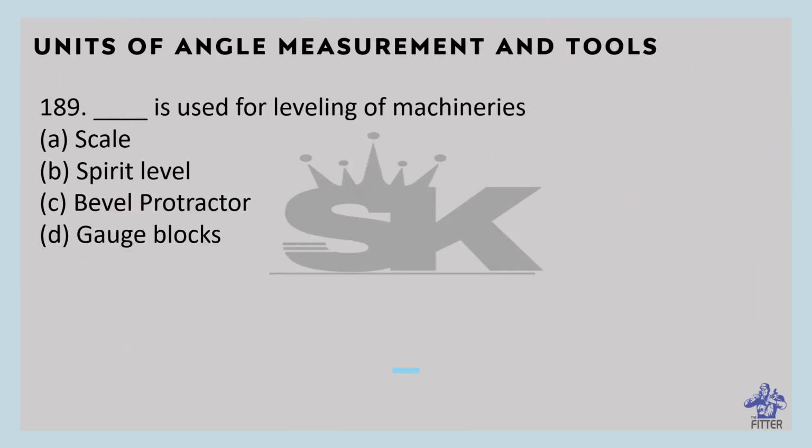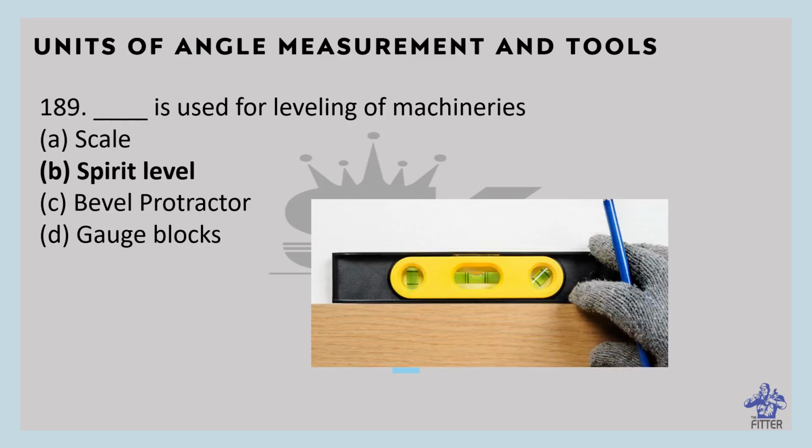Which is used for leveling of a machinery? That is spirit level. You can see in the picture here, spirit level is used for leveling of machineries. It is an instrument to indicate whether a surface is horizontal or vertical related to the earth.